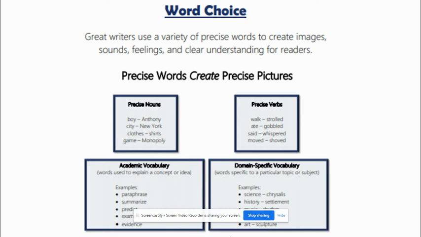In history, instead of the word history, we could use the word settlement. In music, we're talking about the rhythm. In math, we're talking about area, or geometry, or fractions. And in art, instead of just art, what type of art? We're talking about sculpture.